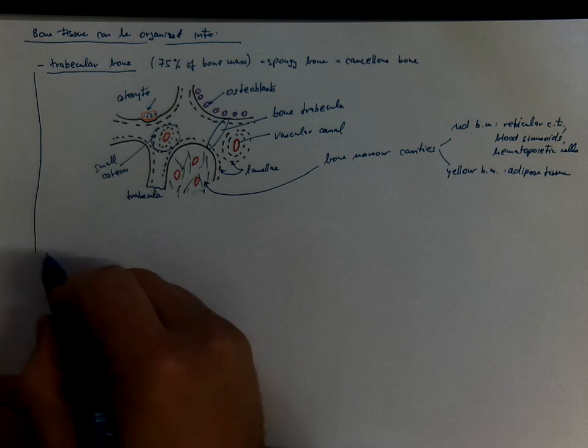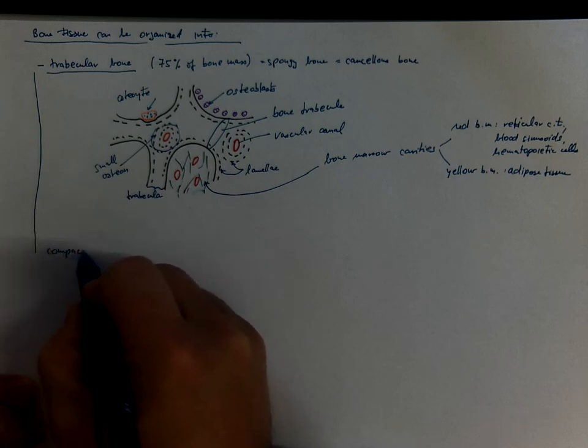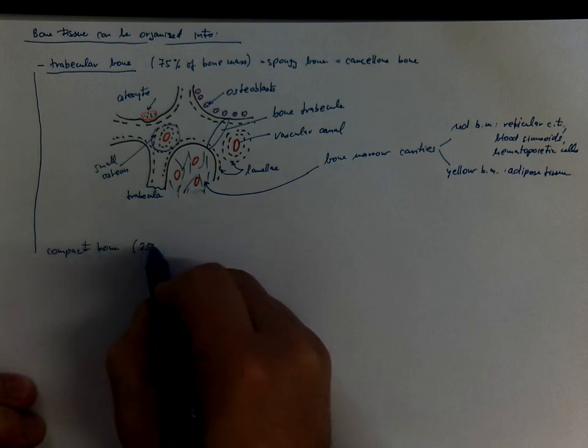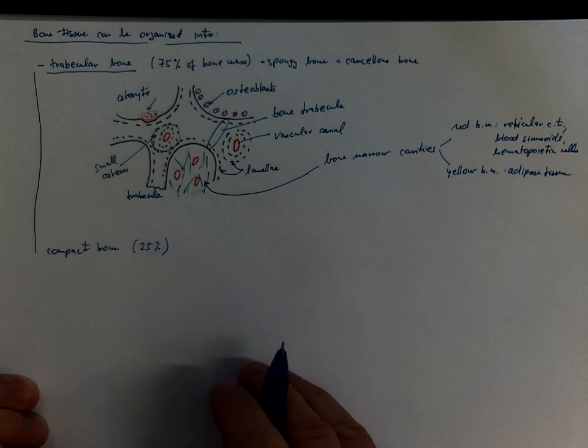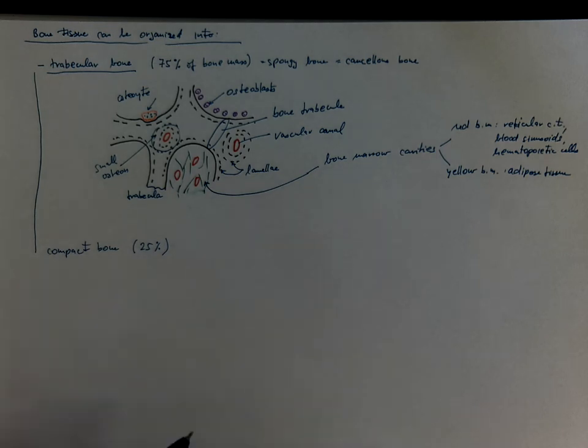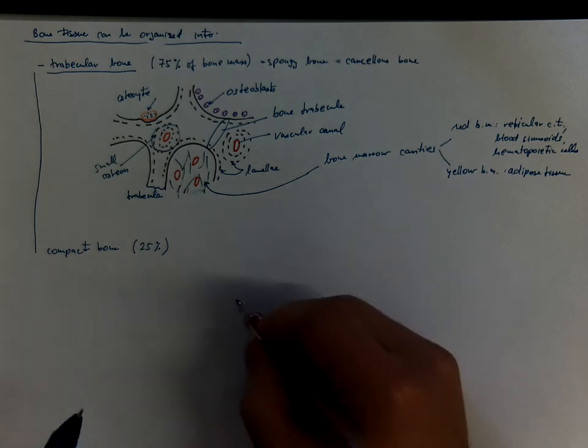The bone tissue could also be organized into compact bone. That's about a quarter of the bone mass in our body. Well, we have vascular canals as well.